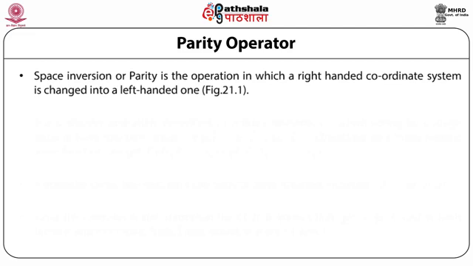Similarly, the positive y axis gets changed to the negative y axis, and the positive z axis gets changed into the negative z axis. So in this manner, a right-handed coordinate system gets changed into a left-handed coordinate system.